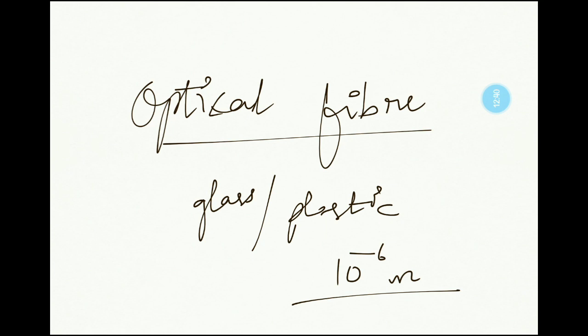So that is very small, and these optical fibers are used in many fields, like in communication for transmissions, and in many investigations like medical investigations. It is a very essential thing.